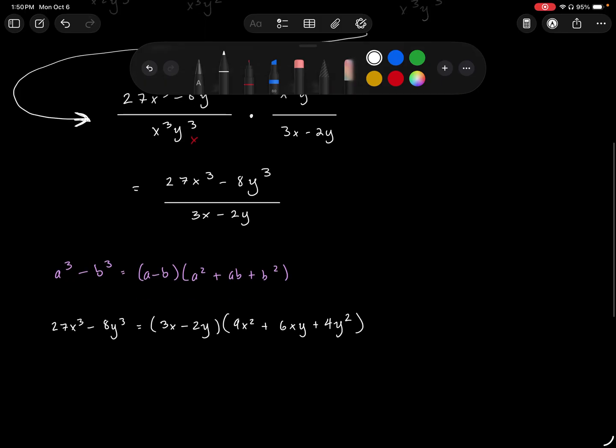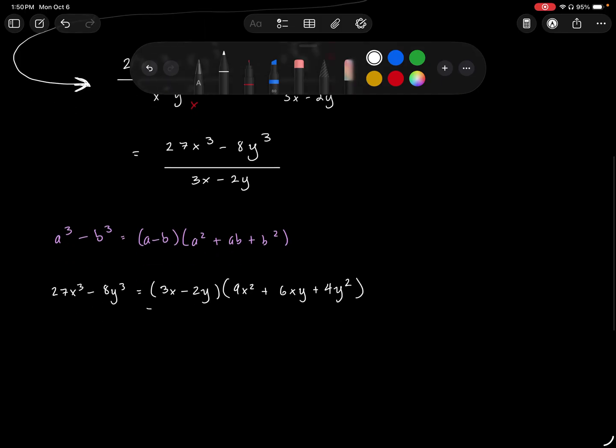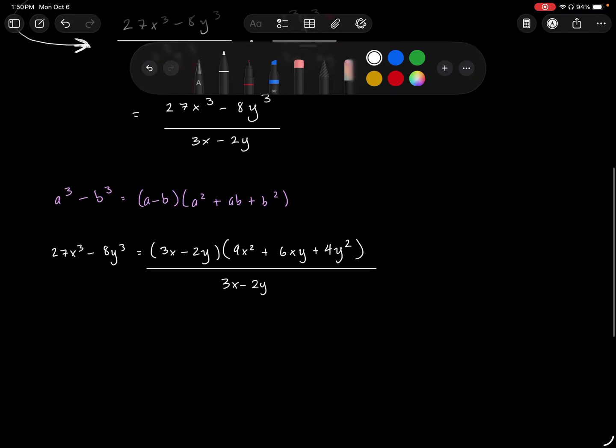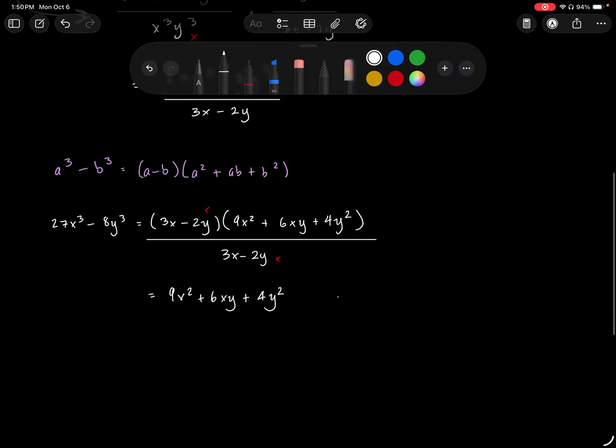And then this whole thing, because that's just the numerator, over the denominator, right? So then you cancel these guys, and you're left with 9x squared plus 6xy plus 4y squared.